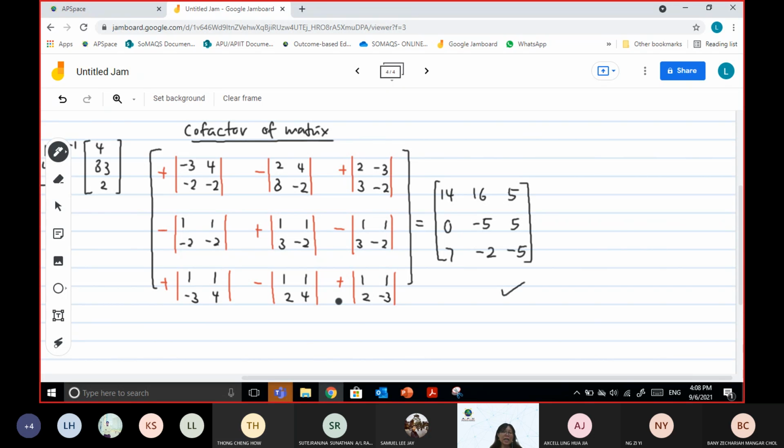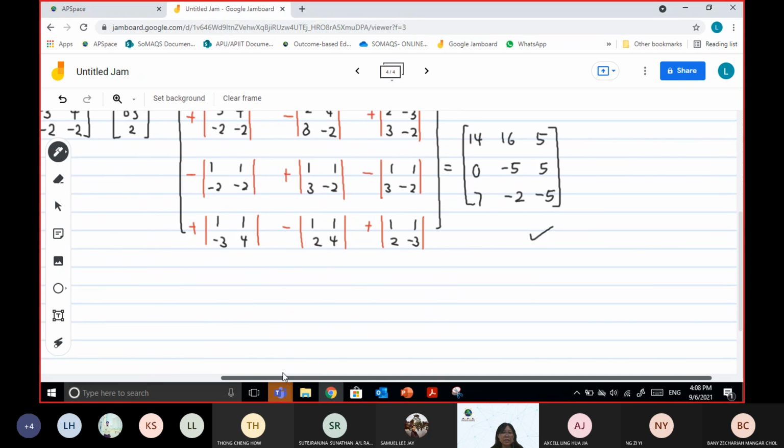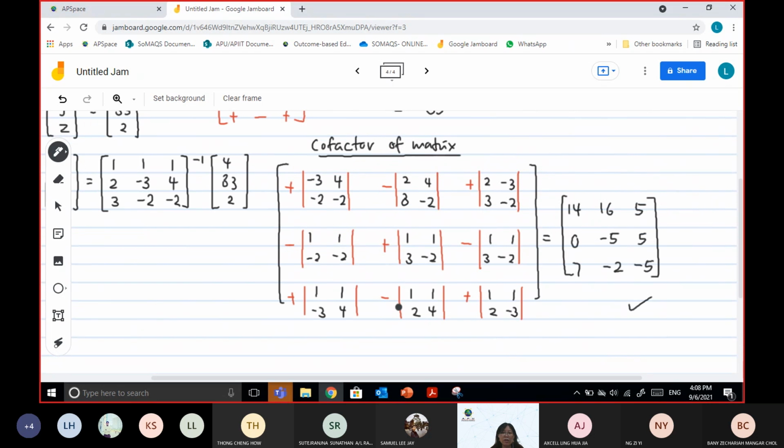So after we calculate, this is the cofactor of the matrix. What we need to do next is to get the transpose of the matrix, which is the adjoint of the matrix.